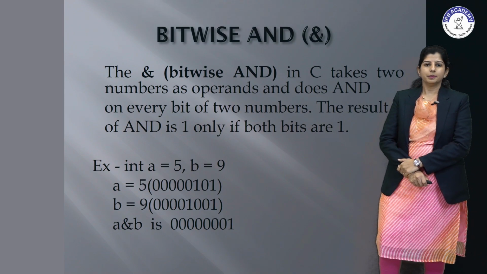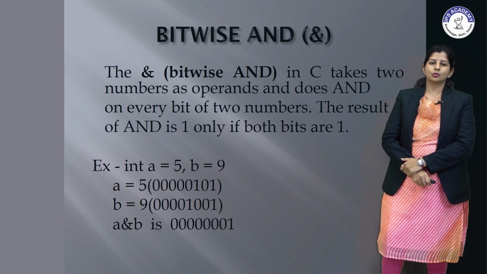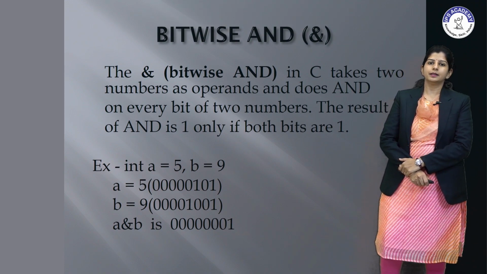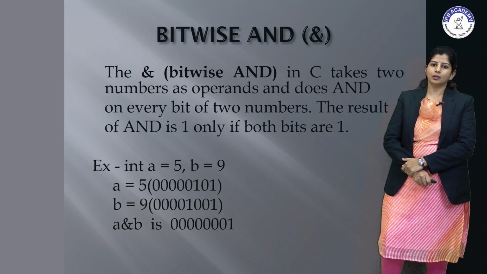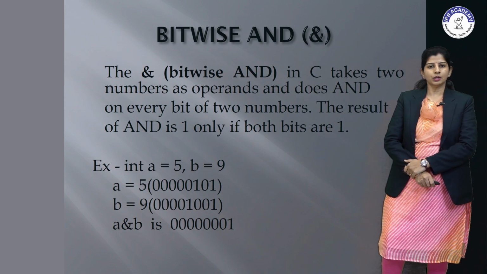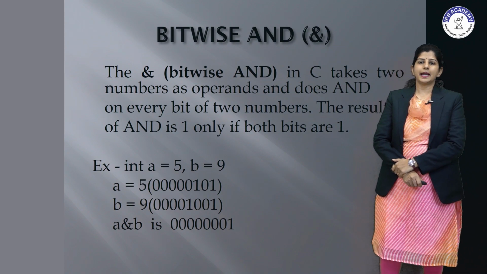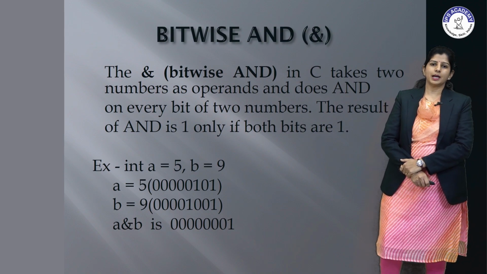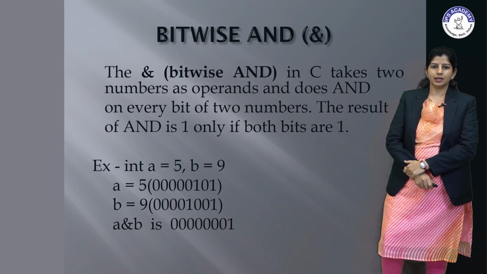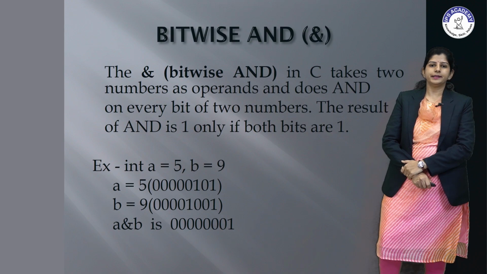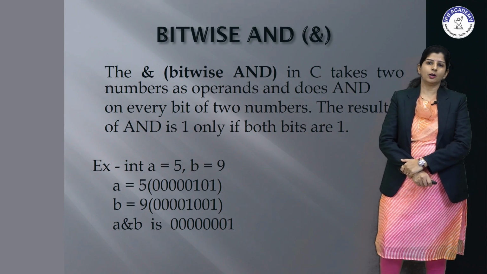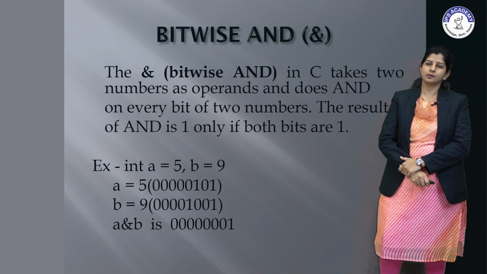The bitwise AND in C takes two numbers as operands and does AND on every bit of the two numbers. What is the AND? Basically AND is an operation which we perform at the bit level, and the result of AND is 1 if both the operands' bitwise values are 1.